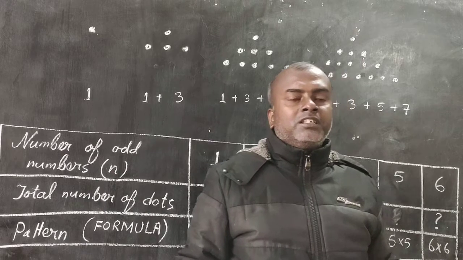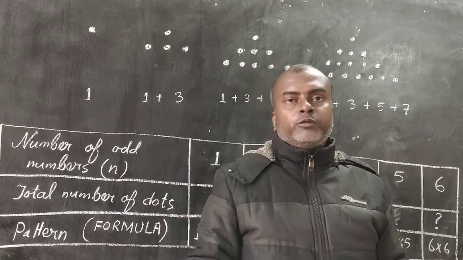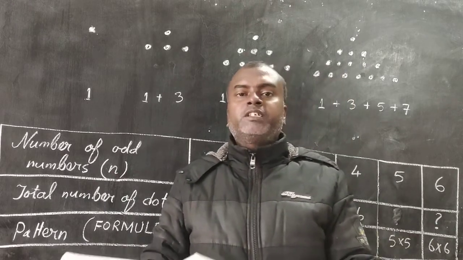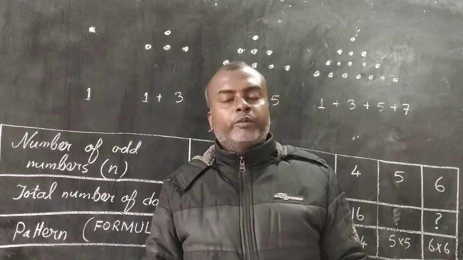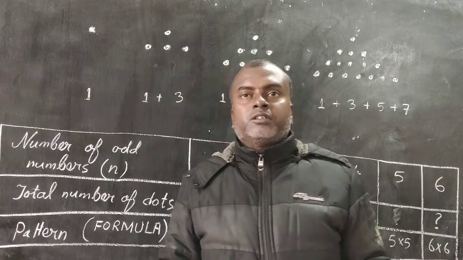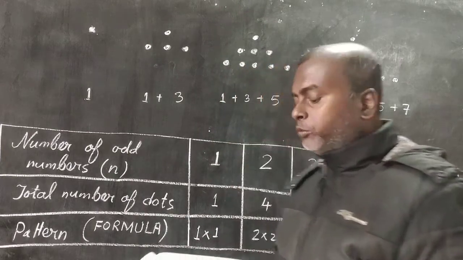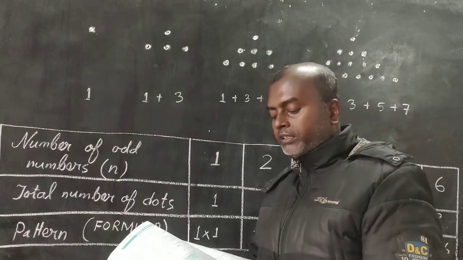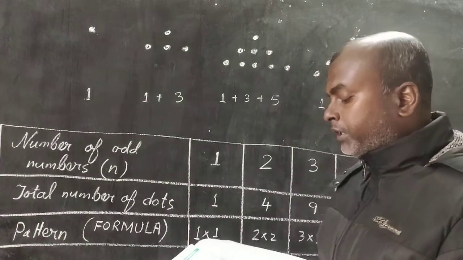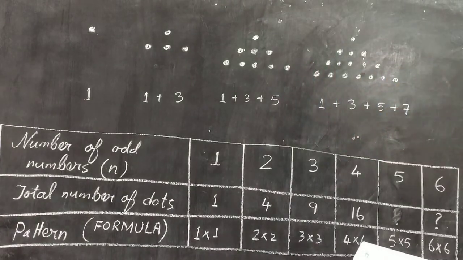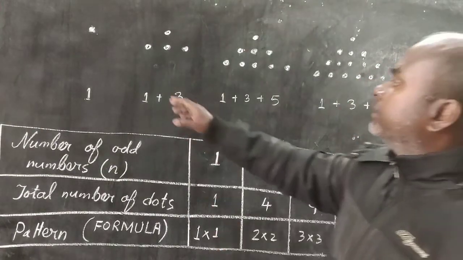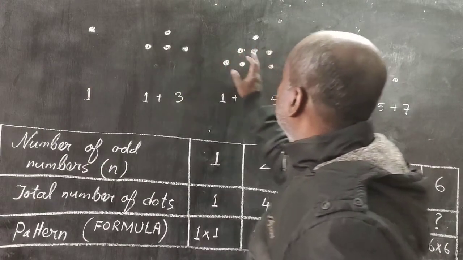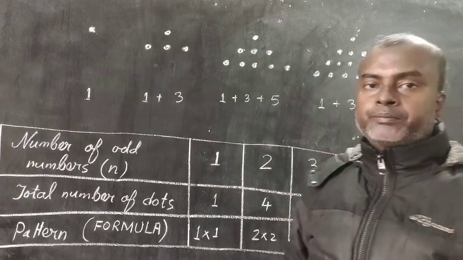Pattern is a generalized view that you get by observing something. In algebra we use patterns very much. So I am going to present the example that is given on page 204. Look at the blackboard here, and at the same time you can look in your book also. Here there are 4 cases given.